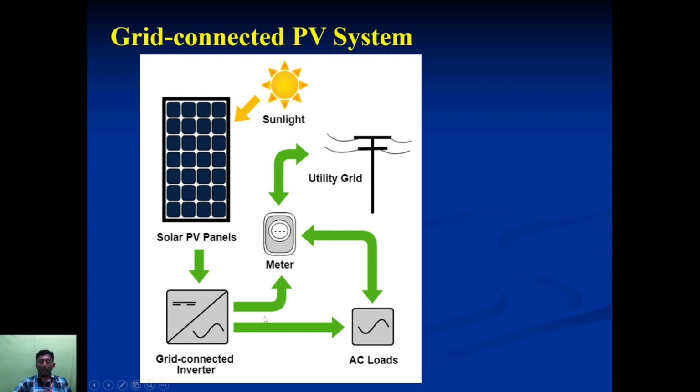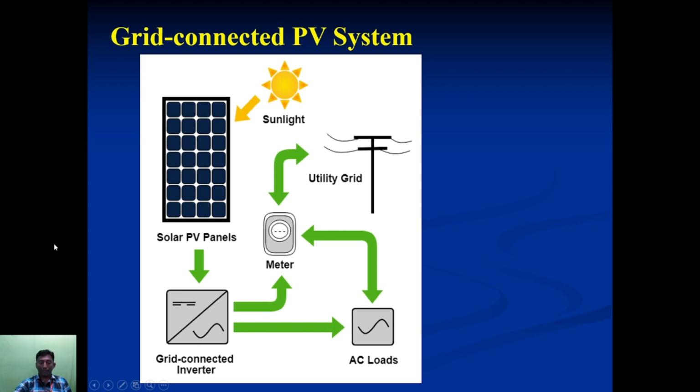Then we can apply that AC to the AC loads. In our residences we are using mostly AC loads. Nowadays only very few use DC loads, but mostly we use AC loads, so we need this inverter concept. The DC electricity generated from the solar panel is converted into AC through the inverter and applied to the AC loads.